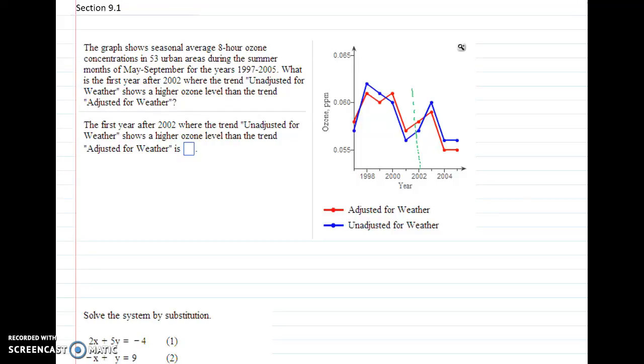So we're talking about the first time where the blue one jumps above the red one, right there, which looks like right after 2002. So the first year where the blue, unadjusted for weather, is above the red, adjusted for weather, would be the year 2003.